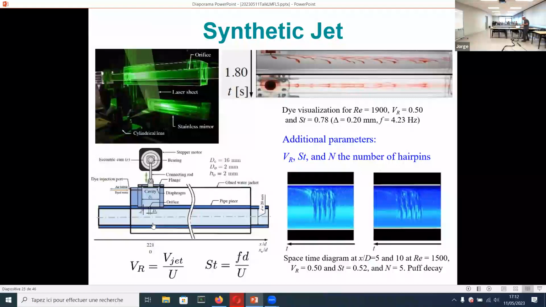So now I want to talk about the synthetic jet, because most of the experiments were done with single impulse jets. The synthetic jet is always based on a hole in the pipe wall.